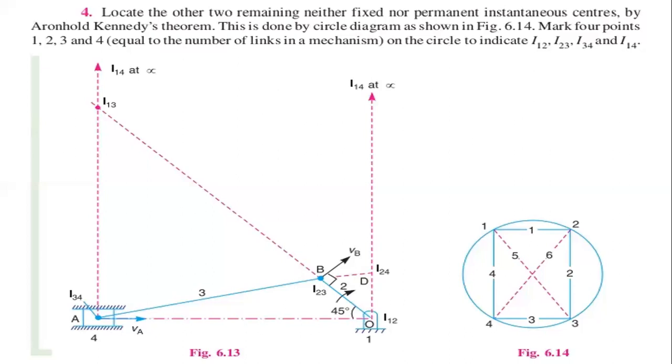So we are drawing these 4 points. So this is the circle diagram. We are taking 4 points, from the 4 links.